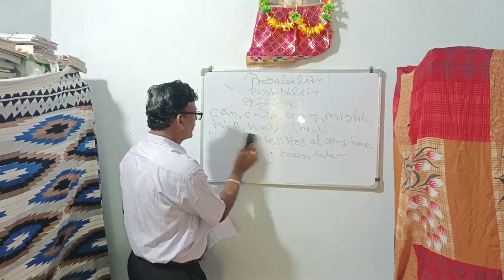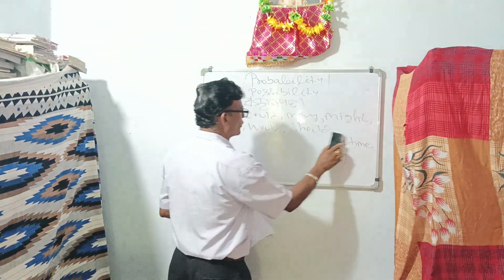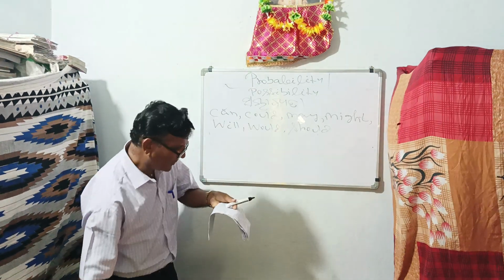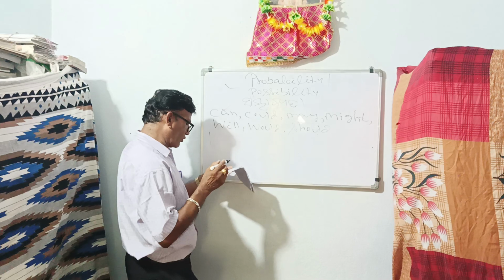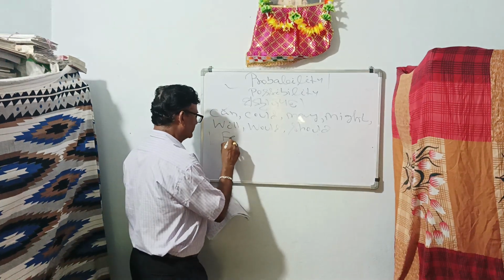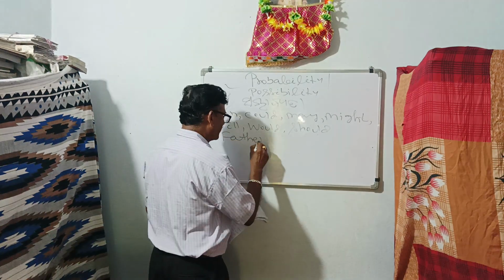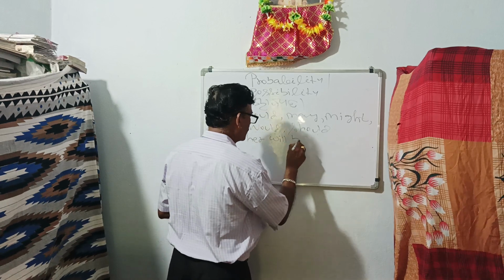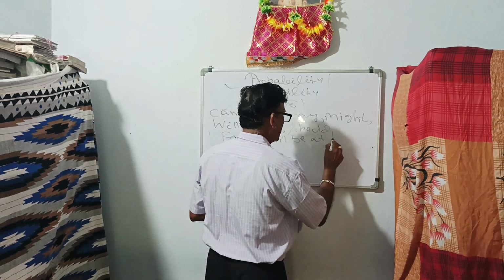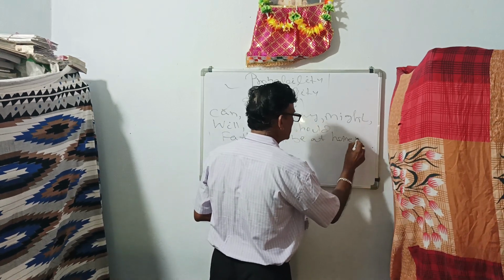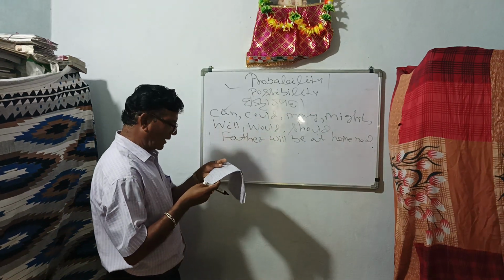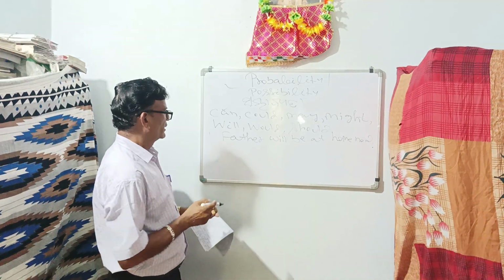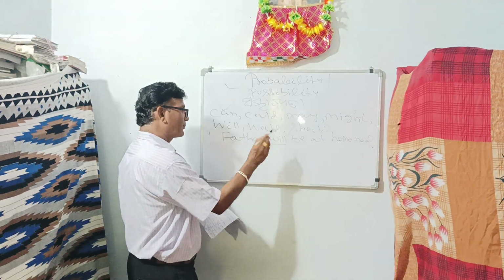Then will, would are also used to express probability. Father will be at home now. Will is high probability.